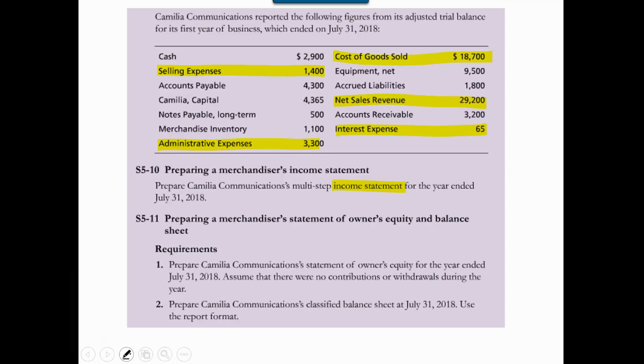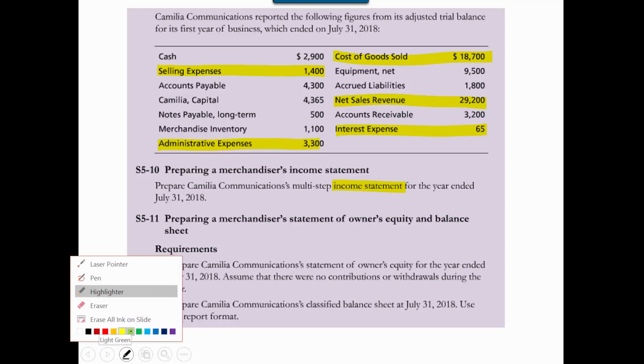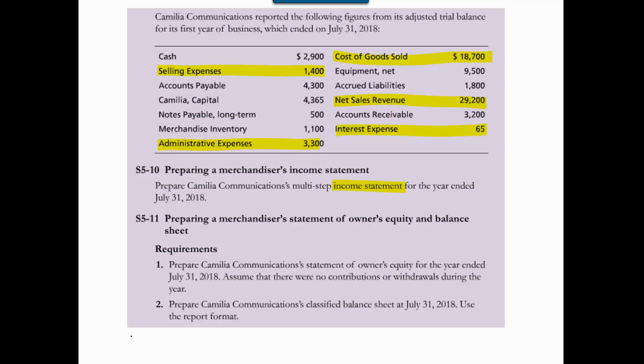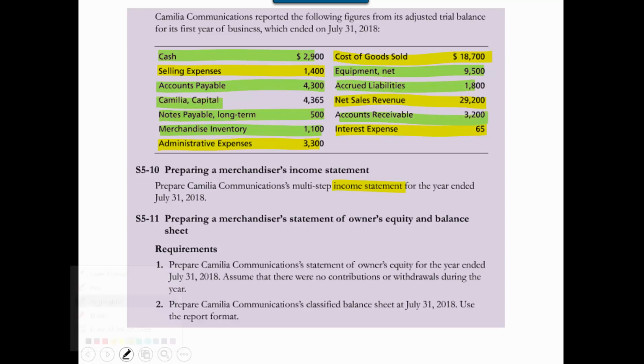Then I'll do the statement of owner's equity, and then the balance sheet will be next. So that'll have assets and liabilities. And there's a liability. It'll have capital, but we won't want that number, okay? Liability, asset, liability, asset. And so we want capital, but remember, we don't want this number, right?